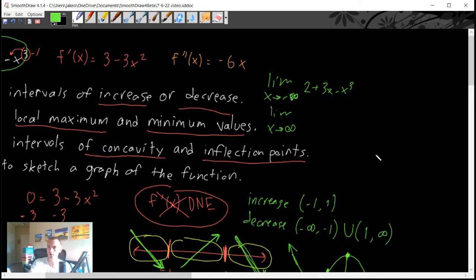So now what I wanted to do is just confirm what this function actually looks like. What I have here is Wolfram Alpha, showing you what the graph of this original function looks like.